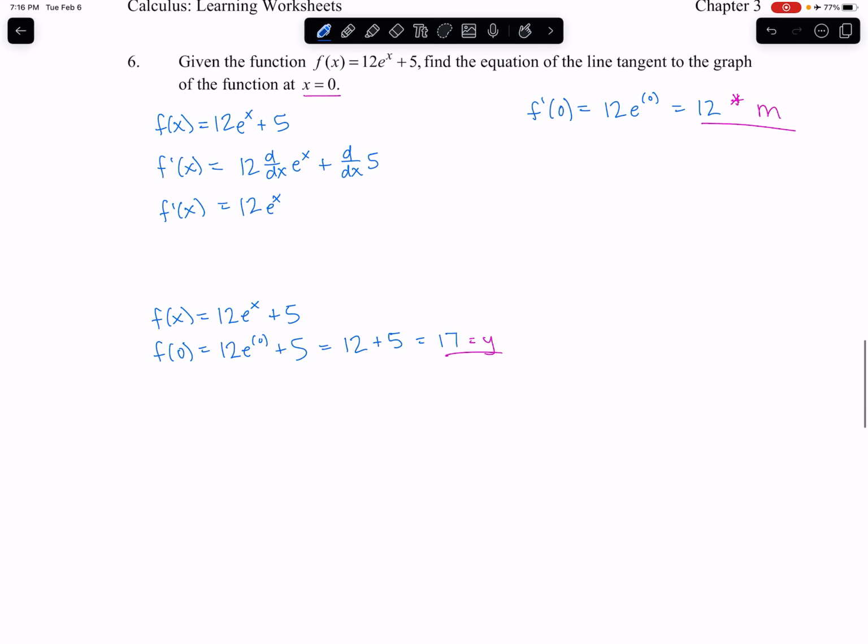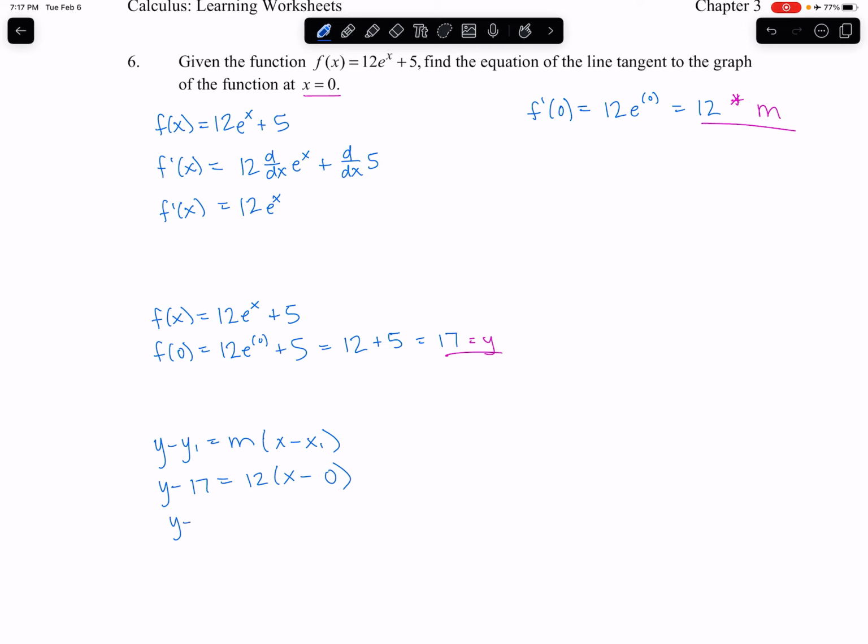Let's take all of these pieces, and I have a point, x, y, and a slope, so I'm going to do point slope. Y minus y1 equals m times x minus x1. So y minus my y value of 17, my m value of 12, x minus my x value of 0.